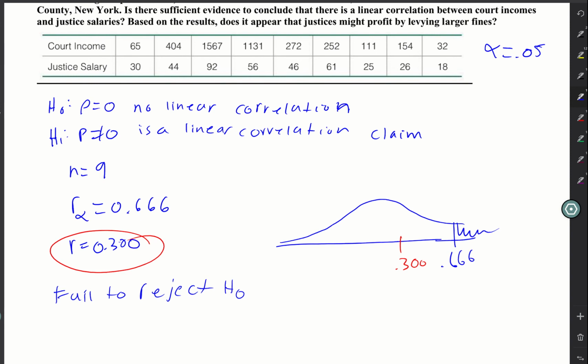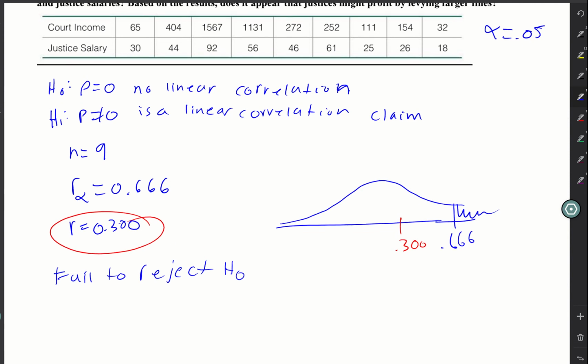If I compared it though, my null hypothesis is what? That there's no correlation, and I did not reject that, right? So I can't say there's correlation no matter what that R is telling me. Because the R, like we saw with our picture above, can be influenced by a single data point.